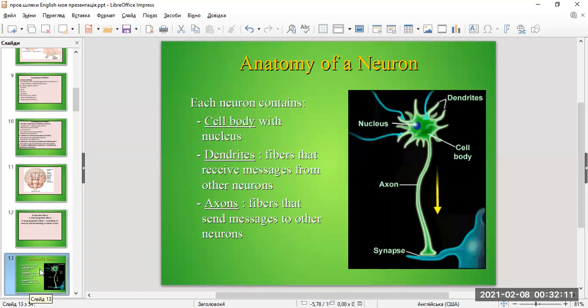Let's remember the anatomy of a neuron. Each neuron contains a cell body with nucleus, dendrites, fibers that receive messages from other neurons, and axons, fibers that send messages to other neurons.